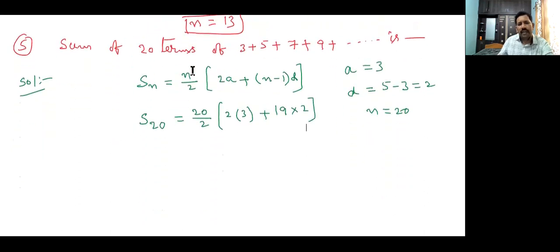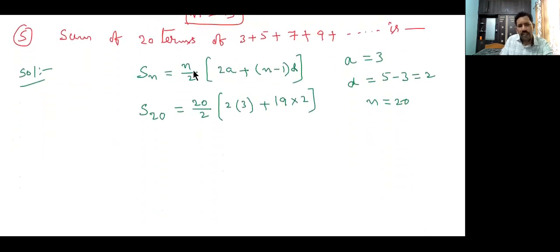Now do the calculation. 20 by 2 is 10. 2 3s are 6. 19 2s are 38. 38 plus 6 is 44, into 10, 440. So the sum of 20 terms is 440. This is the answer.